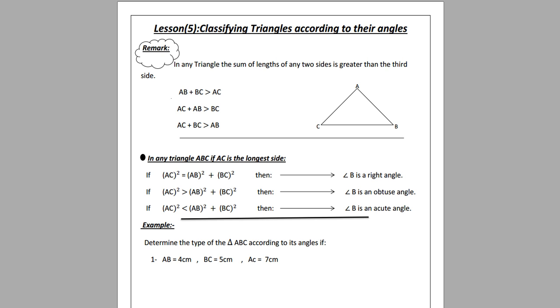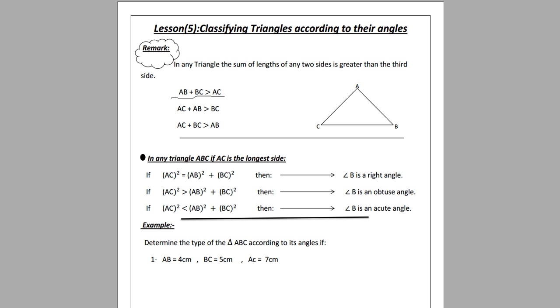The sum of any two sides of it is bigger than the third side. So if we have a triangle ABC, AB plus BC is bigger than AC. AC plus AB is bigger than BC. AC plus BC is bigger than AB.